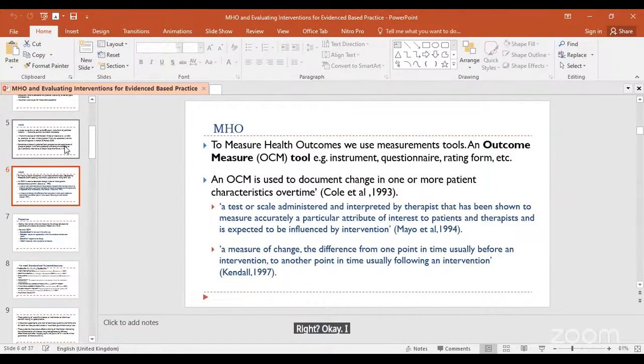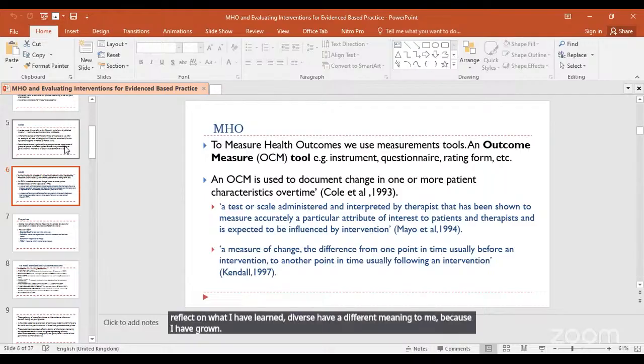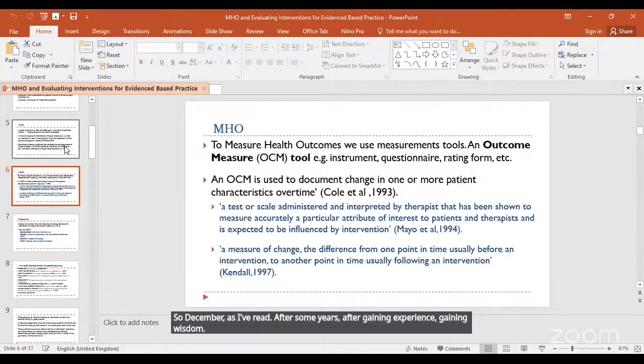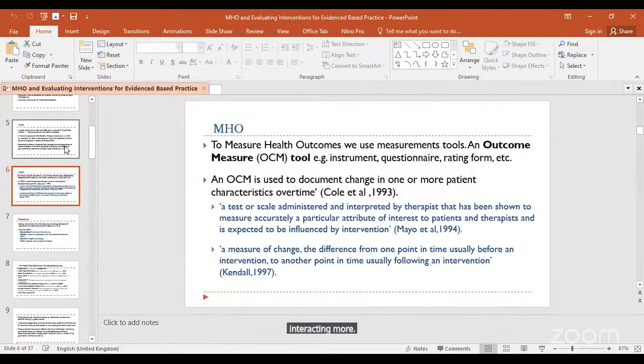I pick this verse and I understand it. Now, when I travel, I interact with people, reflect on what I have learned, that verse has a different meaning to me because I have grown. So the same verse that I read after some years, after gaining experience, gaining wisdom, interacting more, I gain further perspective. And I go back to that verse again and I realize it has a deeper meaning than what I used to interpret it, which helps me to go better.